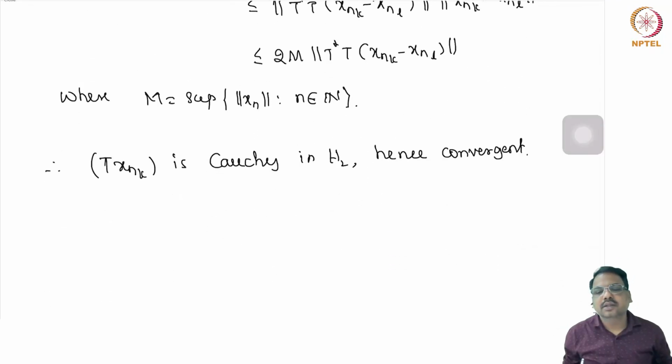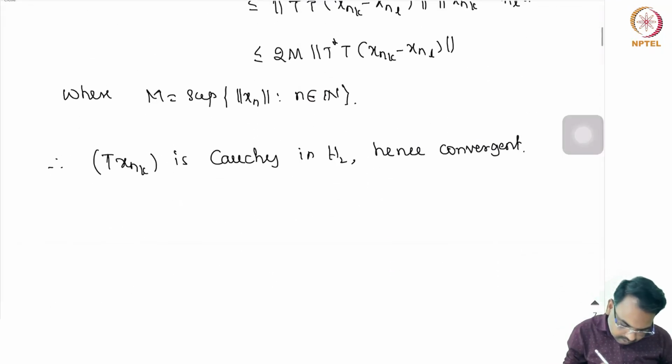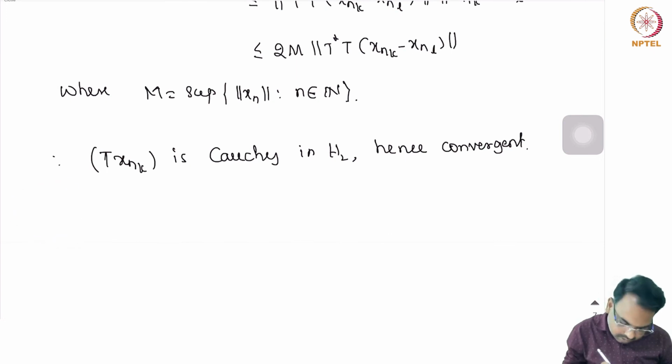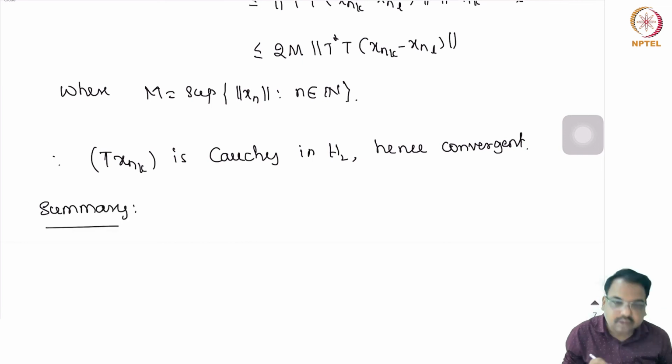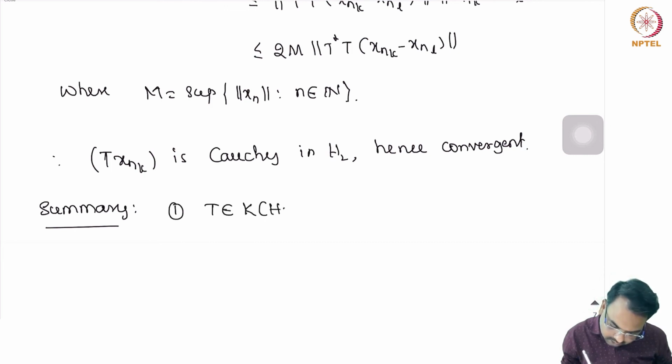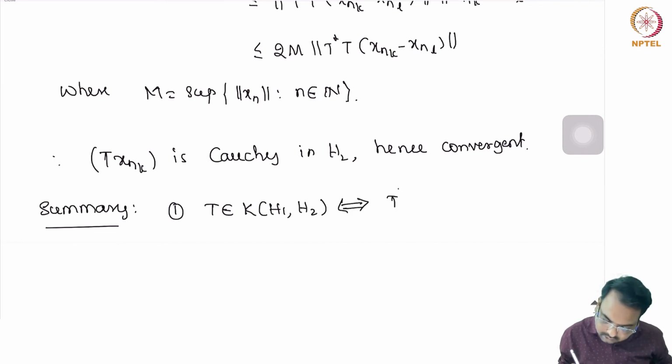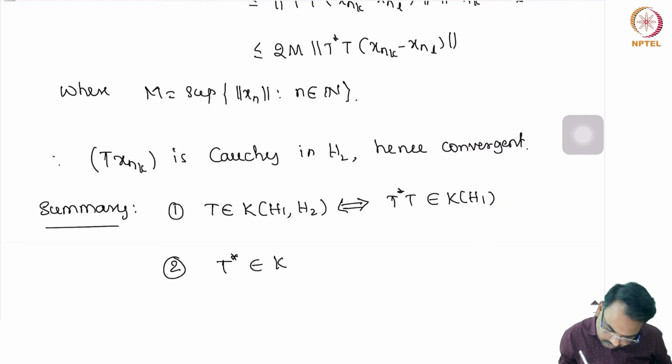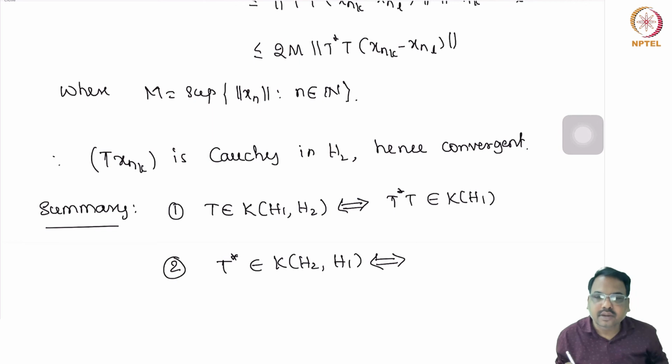We can summarize the earlier result as follows. We can say that T is compact if and only if T star T is compact. Now as a consequence of this, we can say that T star is compact if and only if T star T star is compact.